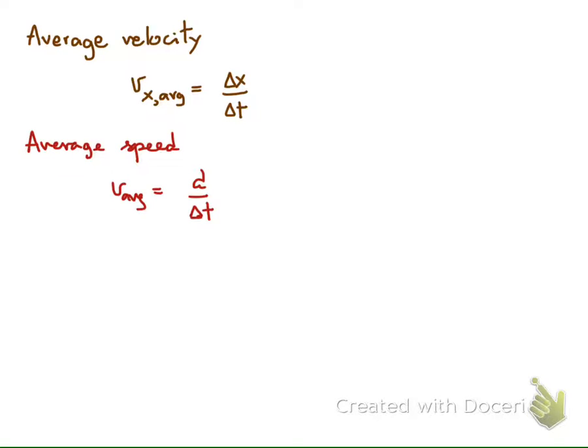Graphically, we can represent the average velocity by the slope of the straight line that joins two points, the initial and the final point of the motion. Let's see this graph.